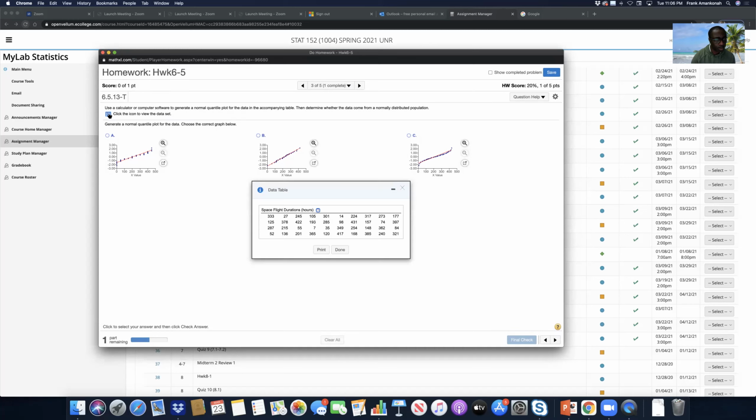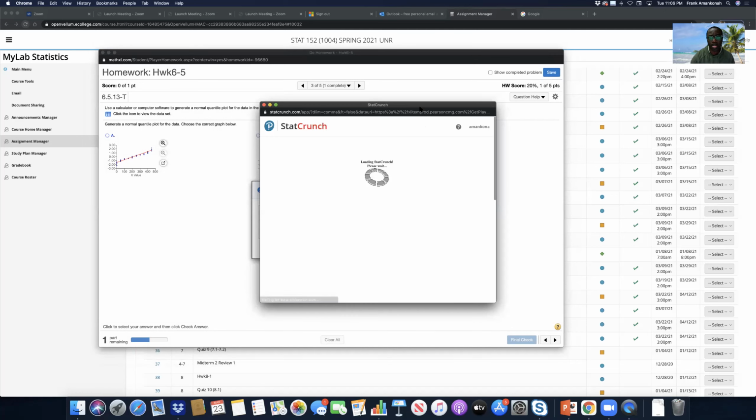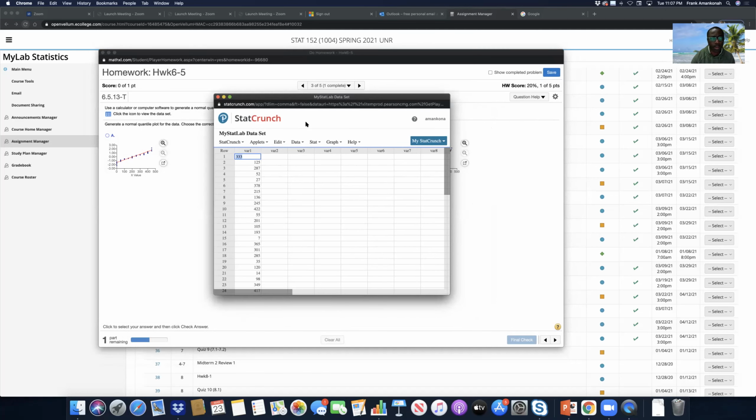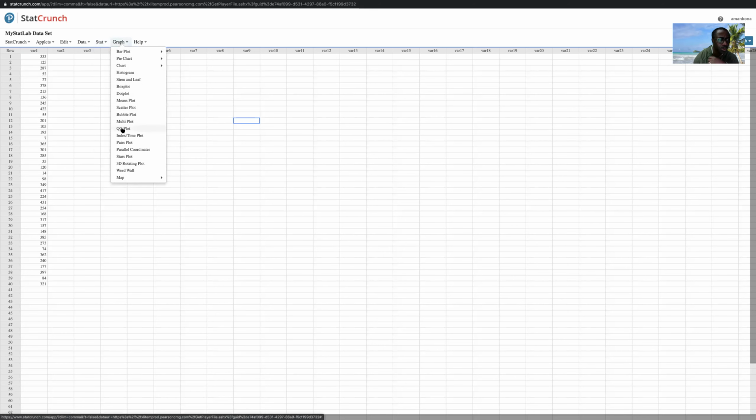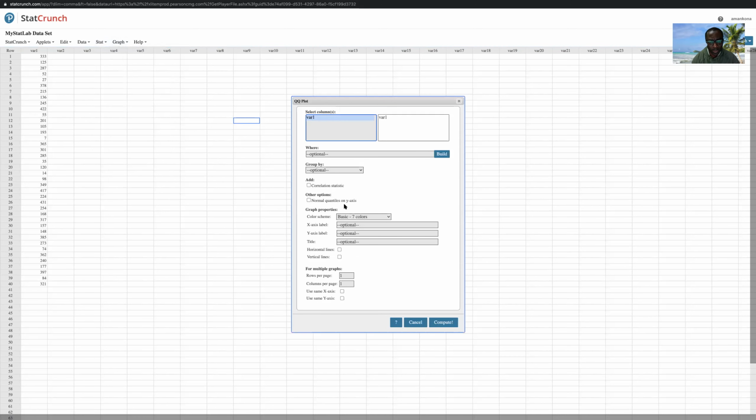We open this in StatCrunch and make a QQ plot of it. Go to Graph, scroll down and choose QQ plot. Select your variable, and check this box because the z-scores are on the y-axis. Then compute.